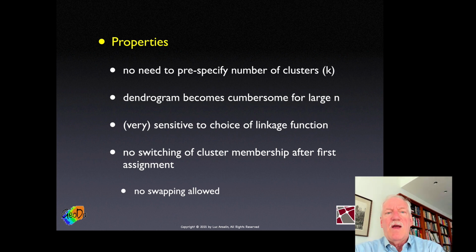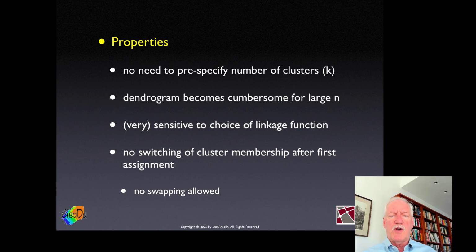Another drawback, and that is something we'll consider further later when we look at the spatially constrained clustering methods, is that in a hierarchical clustering method, you get stuck in a given cluster. In contrast, in a partitioning method, observations are reallocated to different clusters, so they can move out of a cluster that they were in, and then later they can move back into that cluster.